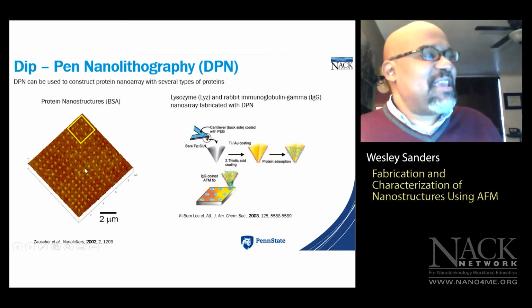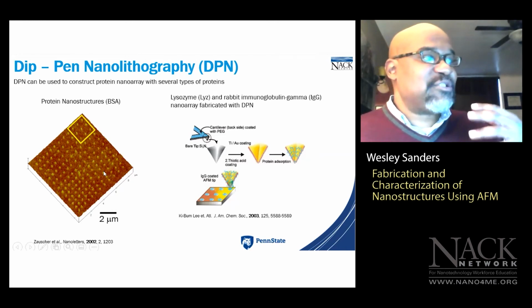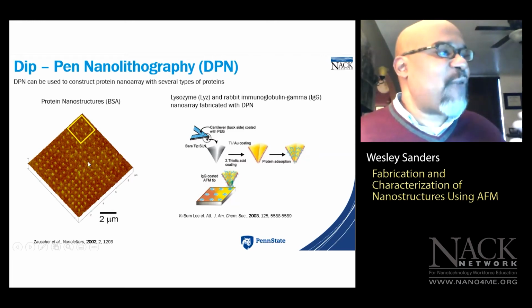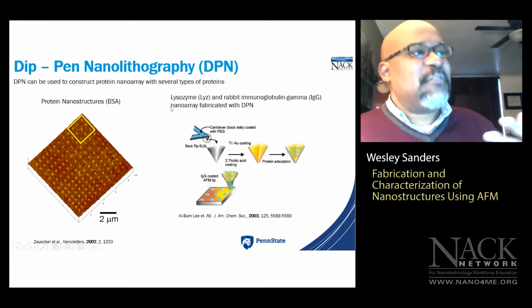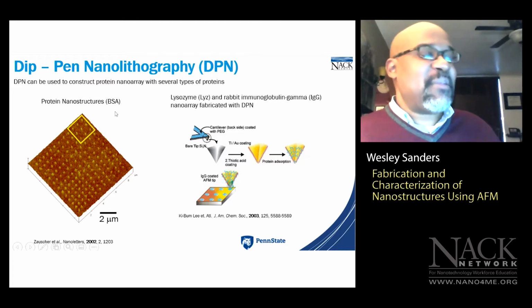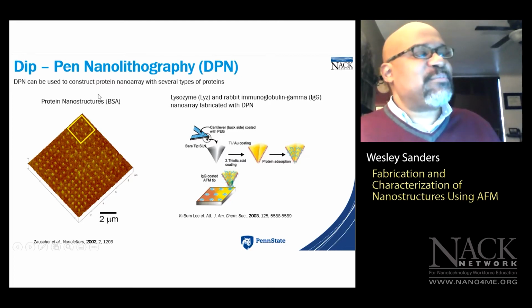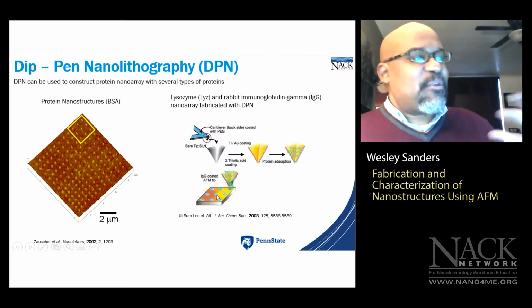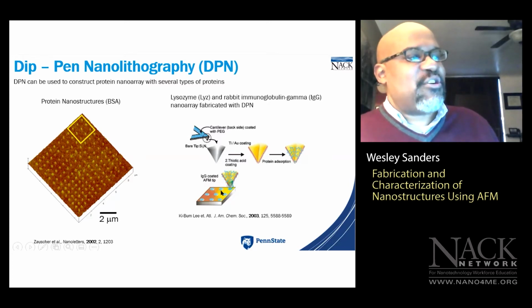So again, DPN is a very versatile technique that allows you to produce a variety of patterns using a variety of different inks. Okay, alkane thiols are the most commonly used ink, but you can use proteins and cells also as your ink, right? And you can use that biological ink to deposit a particular pattern on your gold or silver surface.